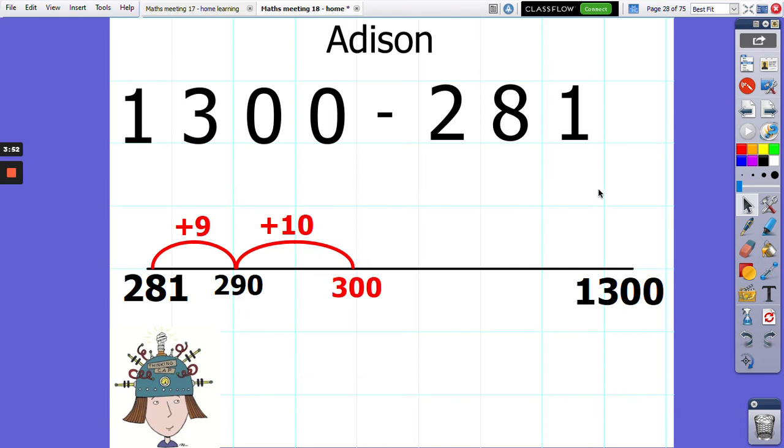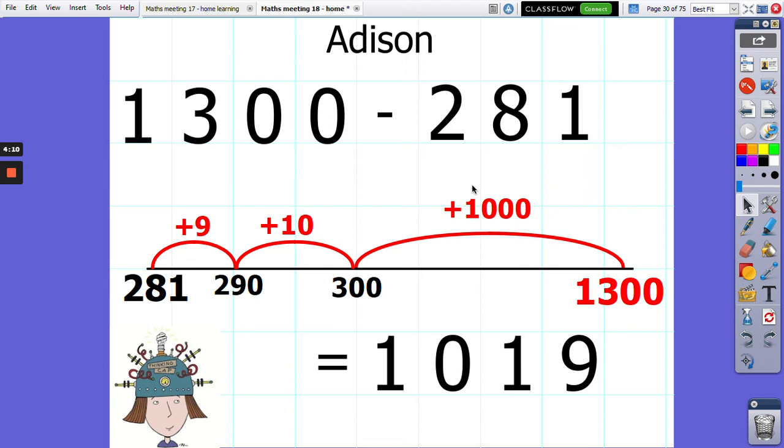Now we're on 300 and we want to get to 1,300. That's a nice easy jump. Add on 1,000. So where's our answer? Our answer is here above the number line. That's our other part. So 1,300 subtract 281 is 1,019. Well done if you got that, particularly if you used our number line.